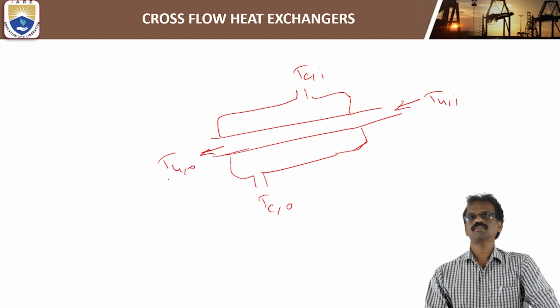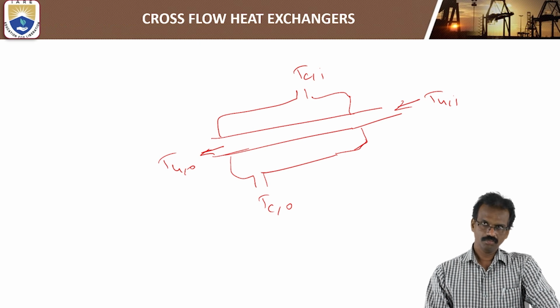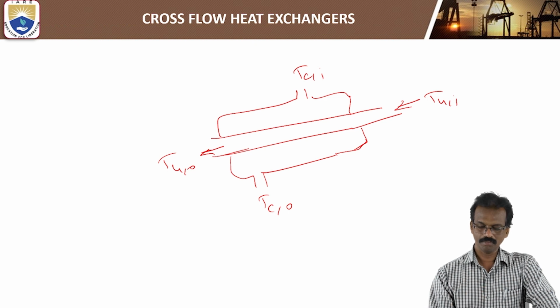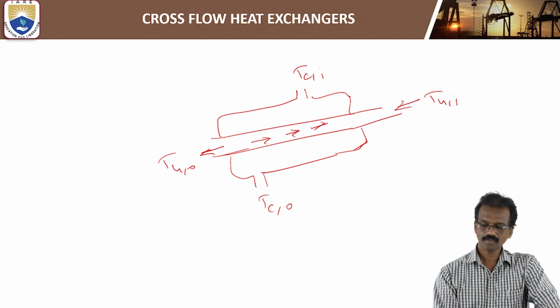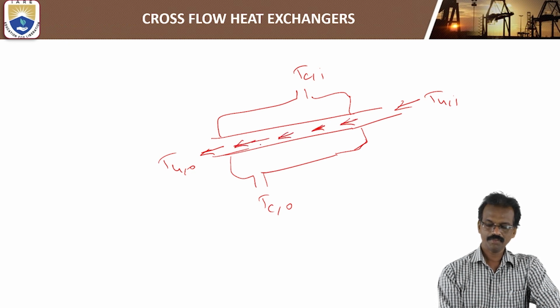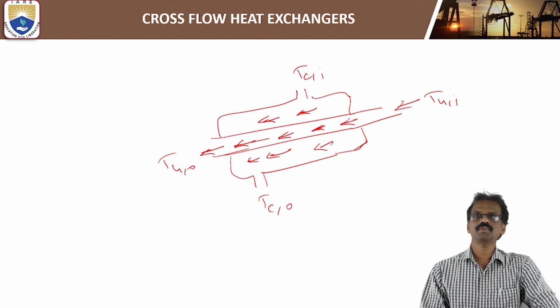In this type of double pipe heat exchanger, we prefer the LMTD method. We see two types of flows. One is the parallel flow heat exchanger, where both hot fluid and cold fluid are parallel to each other and in the same direction: hot fluid entering, hot fluid leaving, cold fluid entering, and cold fluid leaving. Both are in the same direction and parallel to each other. So this is called a parallel flow heat exchanger.